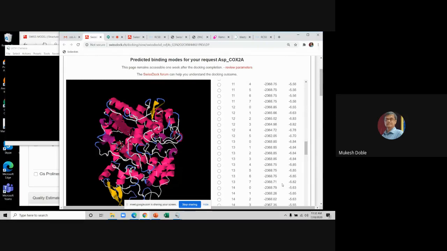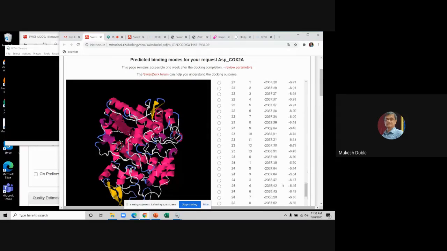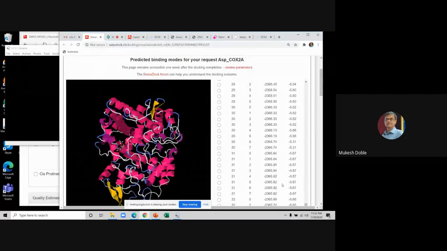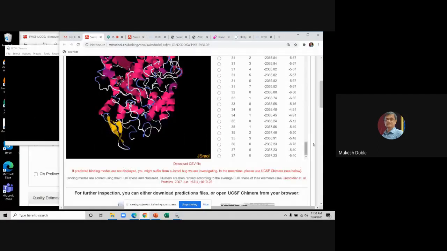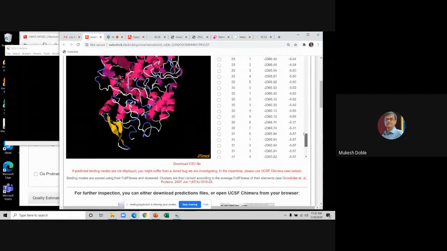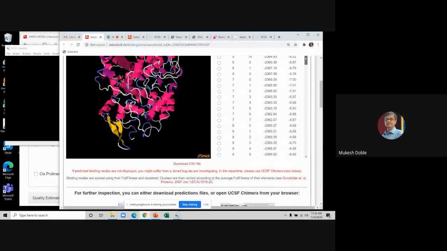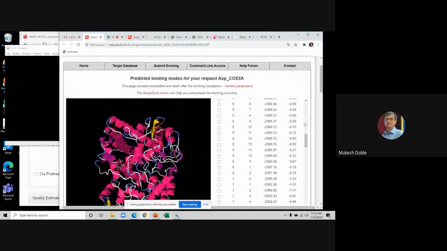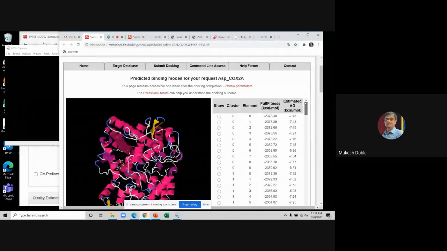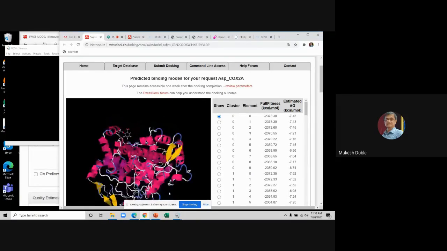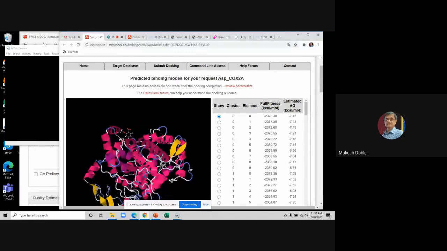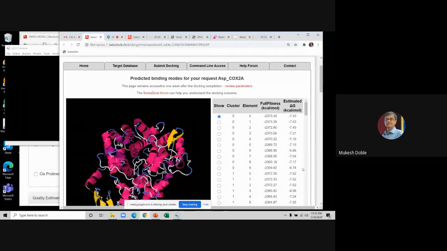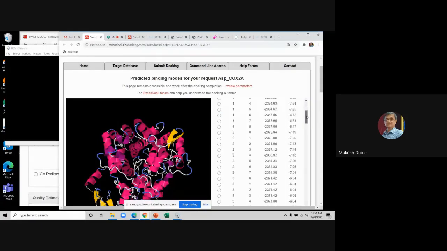We can run many like this. Minus 5.5, minus 7. Minus 7 point something looks the best. Minus 7.43 looks the best, so in this position aspirin looks the best. Other positions give you different numbers, as you can see. We can look at all these locations.